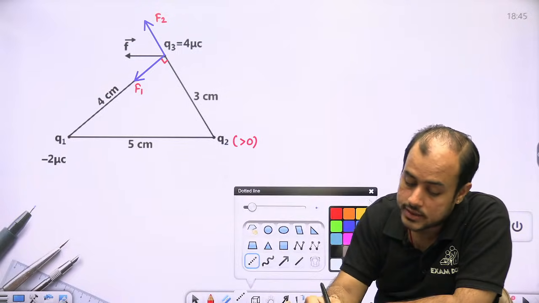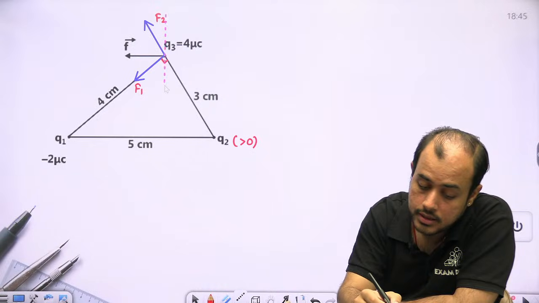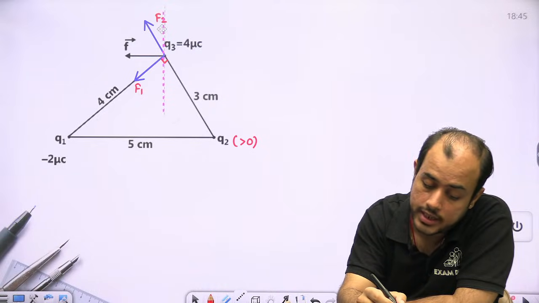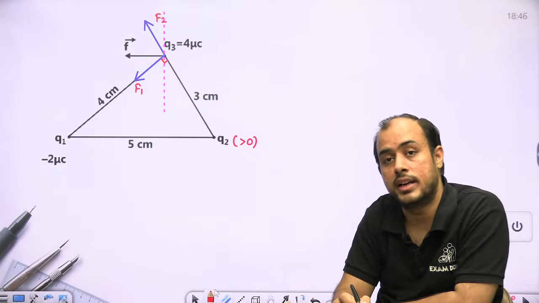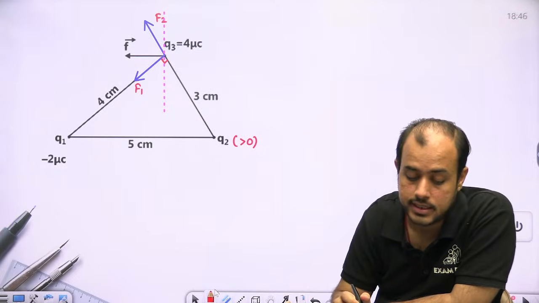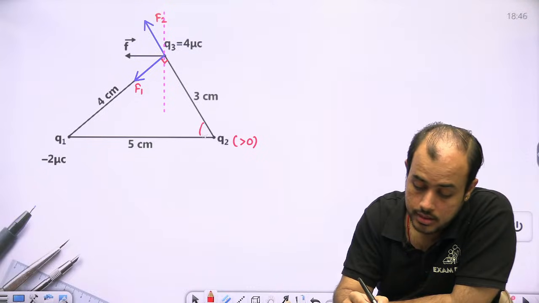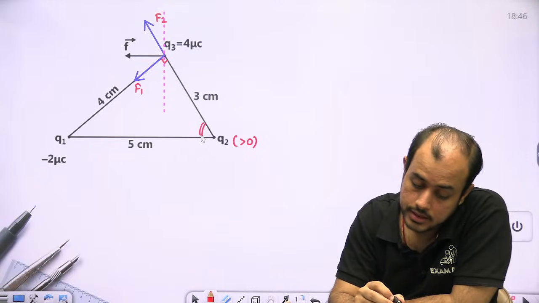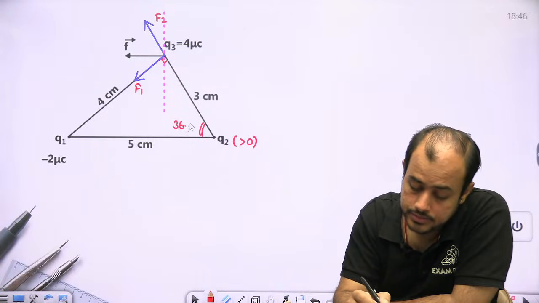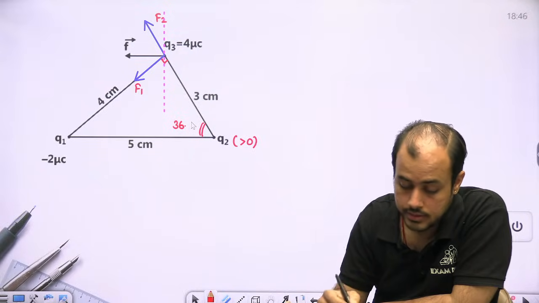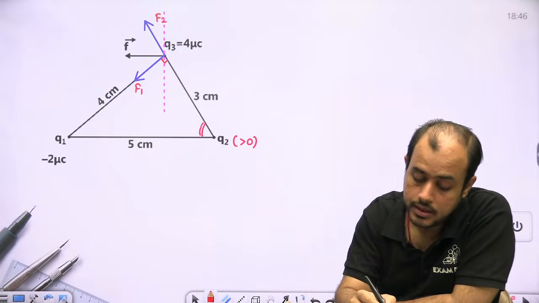Now, if the net force is horizontal, the vertical components of the two forces should get cancelled. The vertical components should cancel, right? Now, this angle will be 36.86, 53.13.